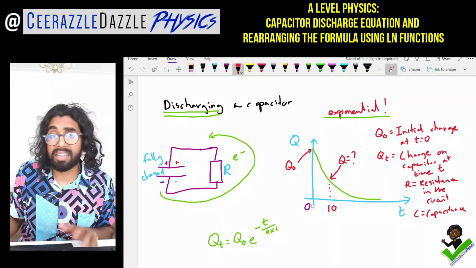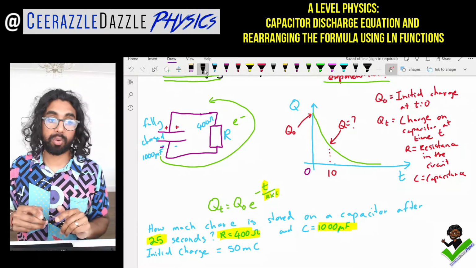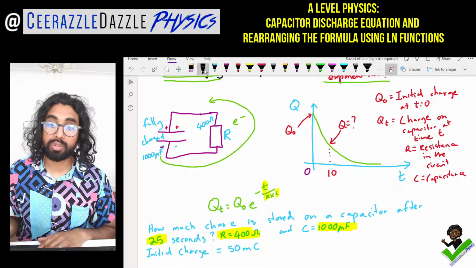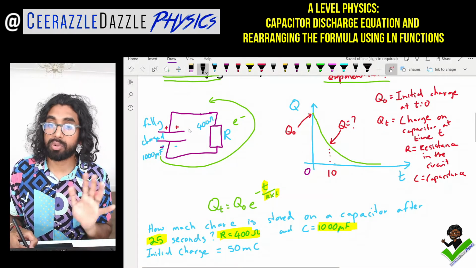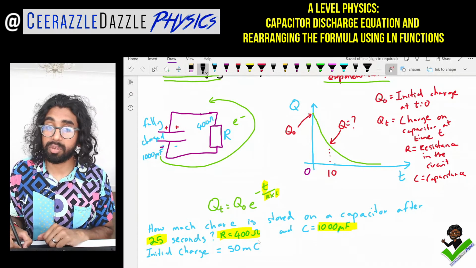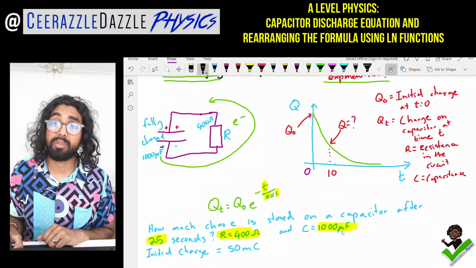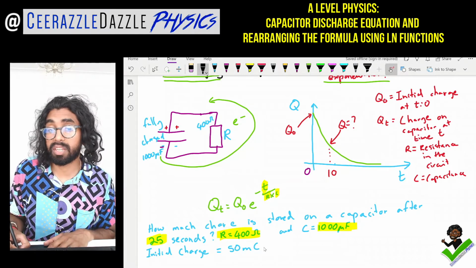Right, so here's a question to get us thinking. Let's test our understanding with the following question. How much charge is stored on a capacitor after 25 seconds, if the resistance is 400 ohms, the capacitance is 1000 microfarads and the initial charge is 50 millicoulombs?